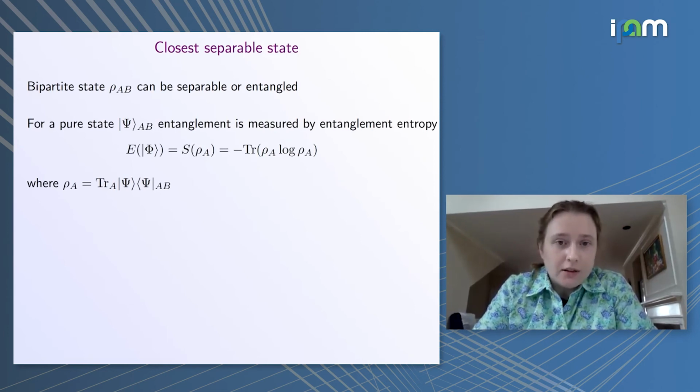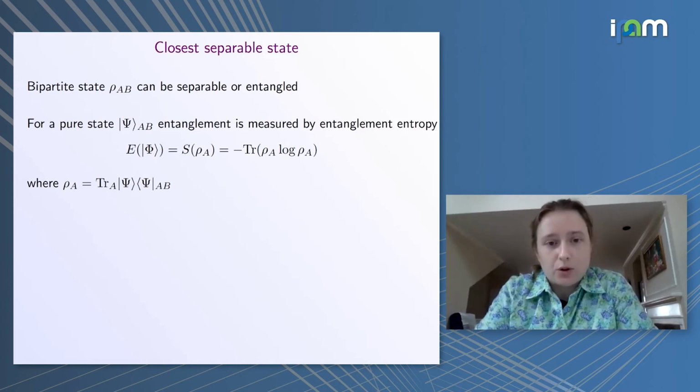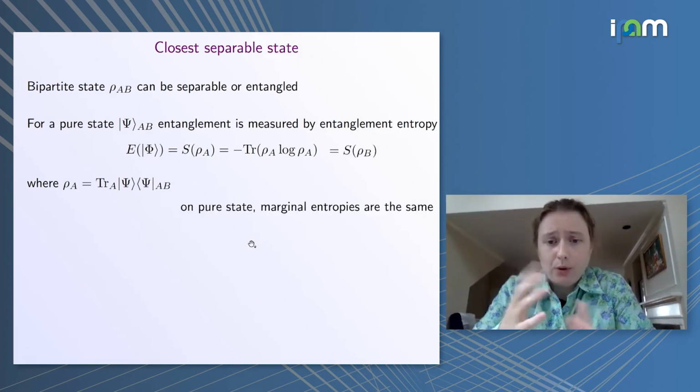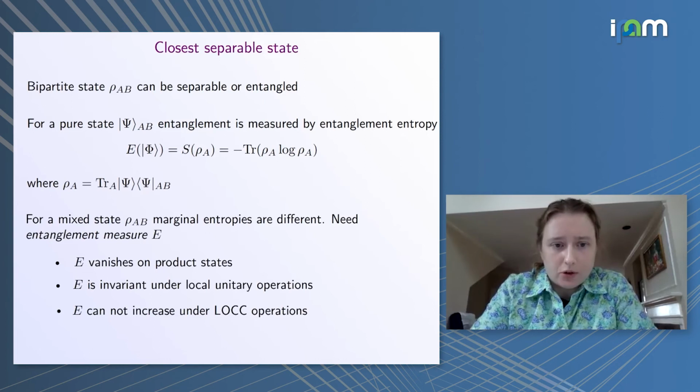For a pure state, if my rho is a pure state, then the entanglement is measured by the entanglement entropy. That is sort of like a golden standard for entanglement measure. It's the entropy of the reduced state, and the reduced state is a partial trace over B. On a pure state, it doesn't matter which partial trace you consider, on one side or the other, the eigenvalues are the same, and you get the same entanglement entropy.